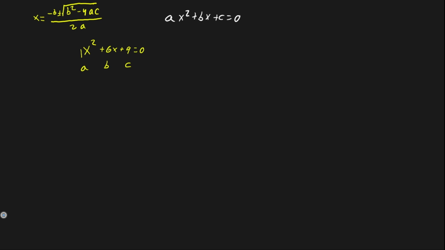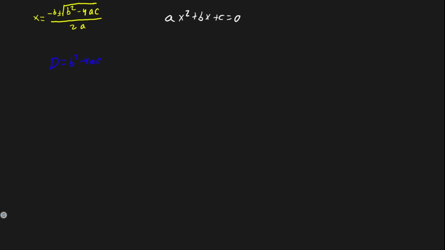But something important that you need to take note of is the discriminant, which is usually written as delta, but we're going to use d as the discriminant, which is equal to b squared minus 4ac.